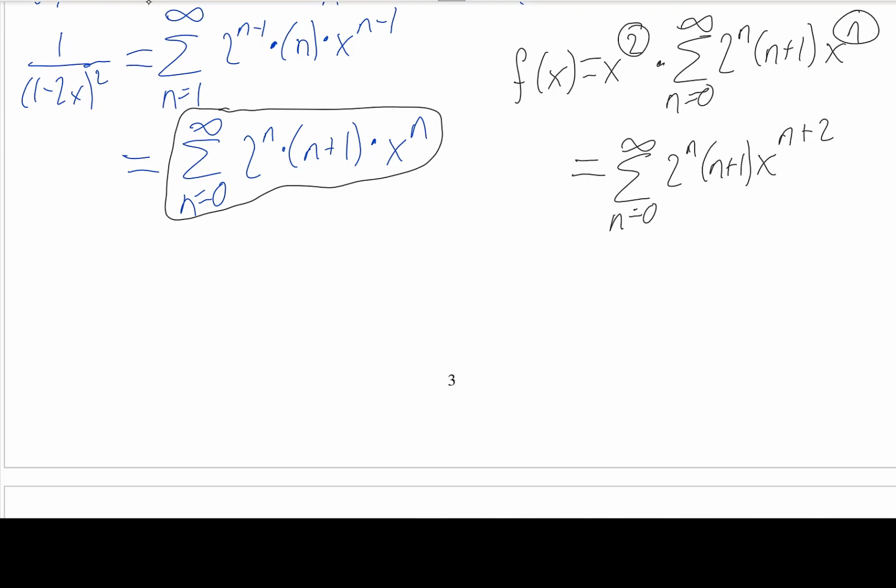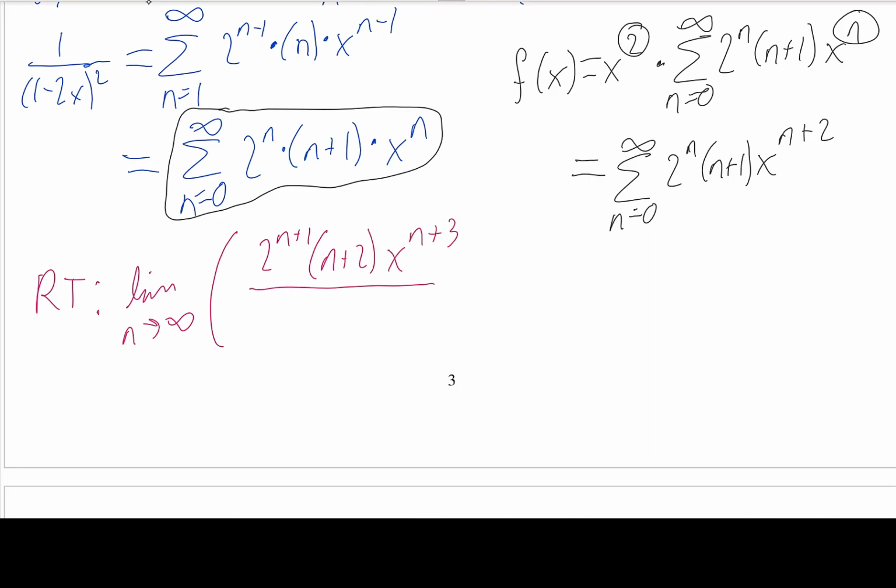So for the ratio test, we'll have the limit as n goes to infinity of 2 to the n plus 1, n plus 2, x to the n plus 3, over 2 to the n plus 1, x to the n plus 2. Right, and then we'll need to take an absolute value.